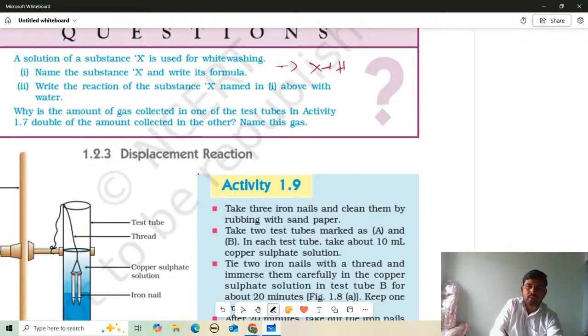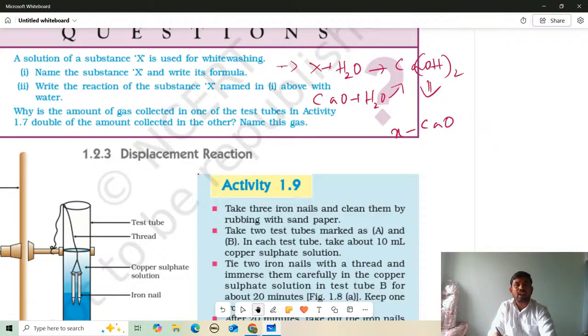X plus water forms the whitewash. We know very well calcium hydroxide is used for whitewashing. So what is X? Calcium oxide plus water gives it, you know very well. So X will be CaO. So what is the question? Read: name the substance X and write its formula.